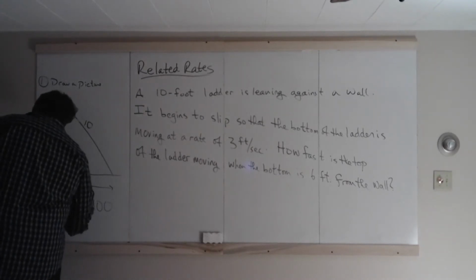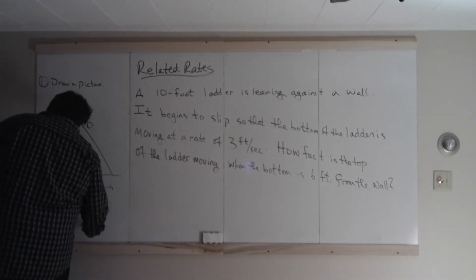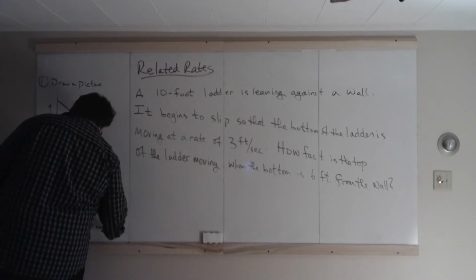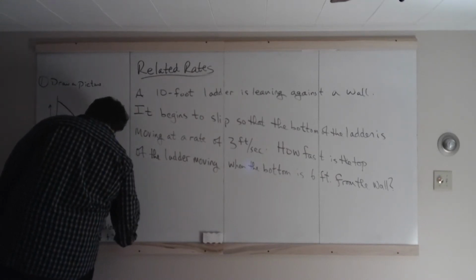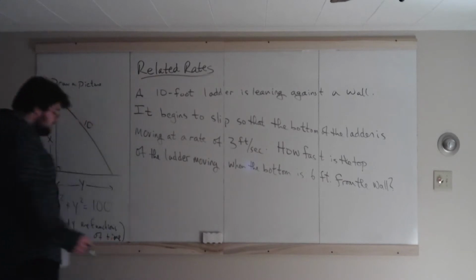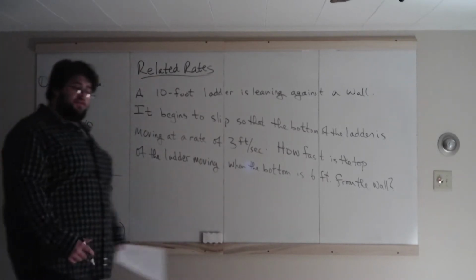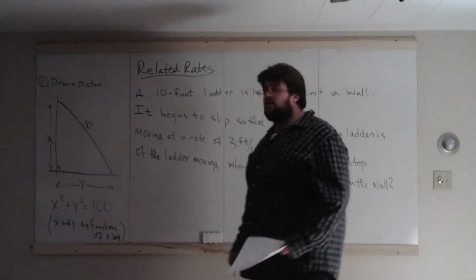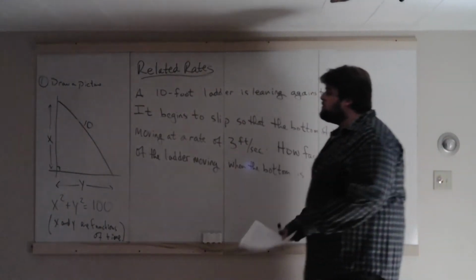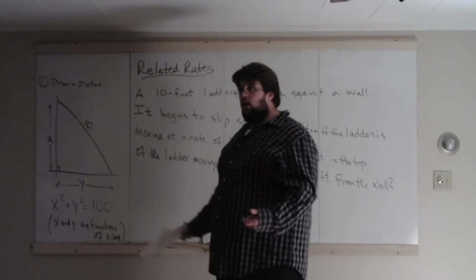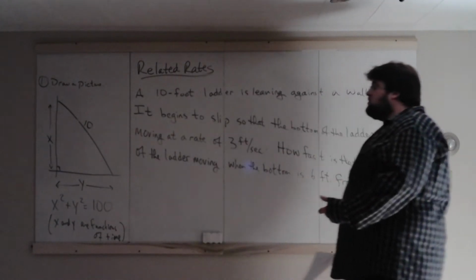X and y are functions of time. Since they're functions of time, we can differentiate eventually with respect to time. Let's keep that in mind. The most important thing to observe here is that x and y are both changing as time is changing.